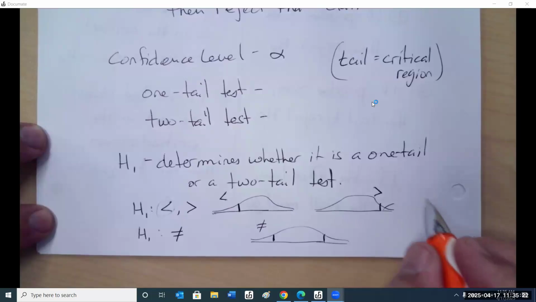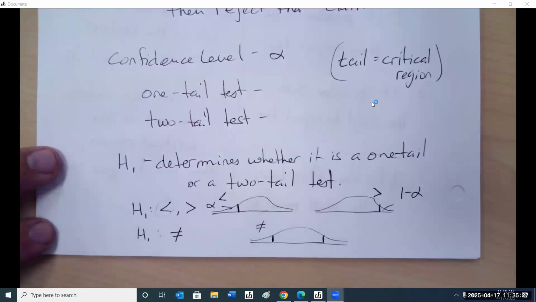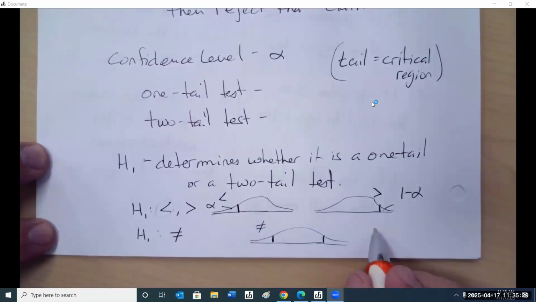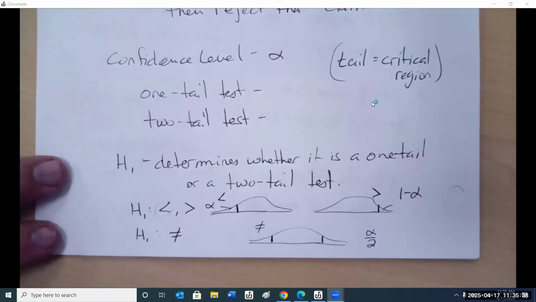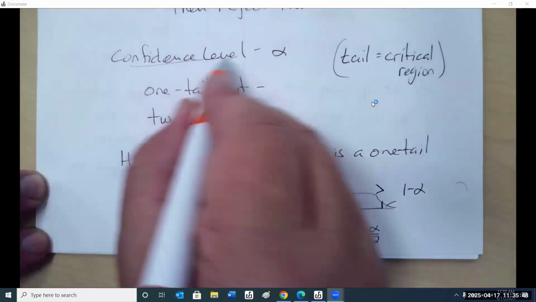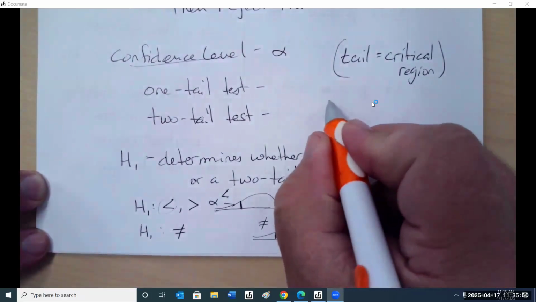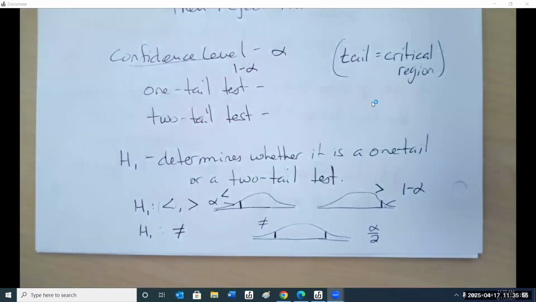And that's why when we use this, we use the one minus alpha. This one is the alpha. This one is the alpha over two. So pretty much if it's a one tail right test, we use a confidence level of one minus alpha.